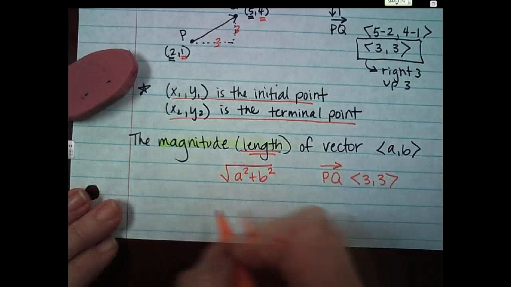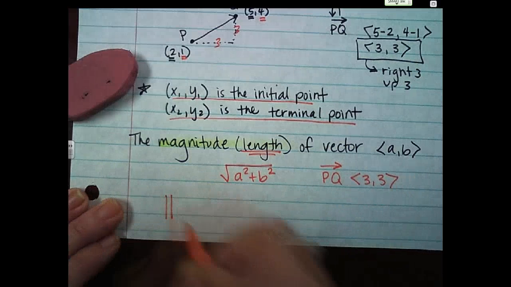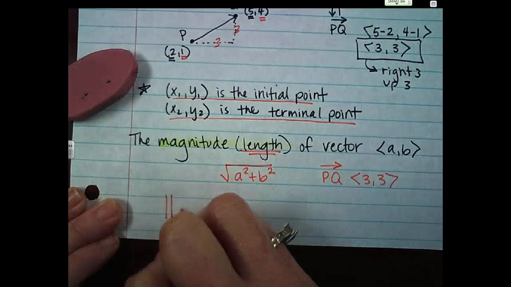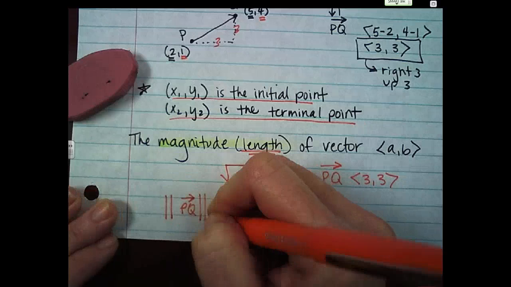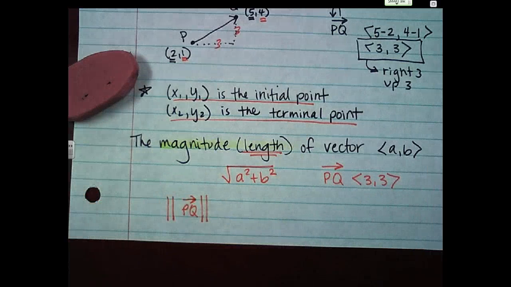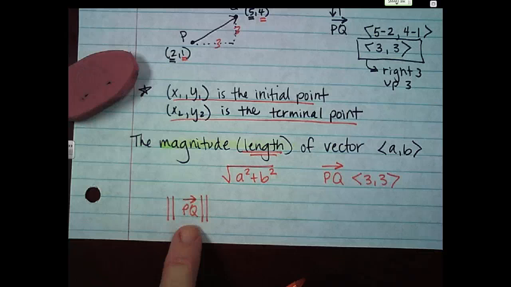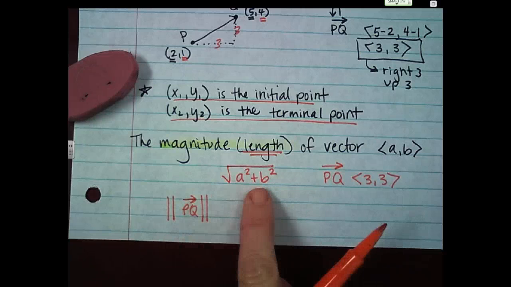It's written with two absolute value bars, PQ, and then another two absolute value bars. It's kind of weird. So if I want to know the length, or in other words, the magnitude of a vector, this is the form that it's going to be asked in. Okay?